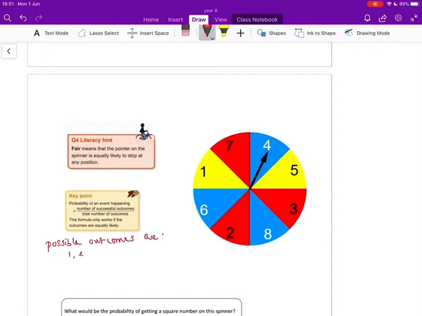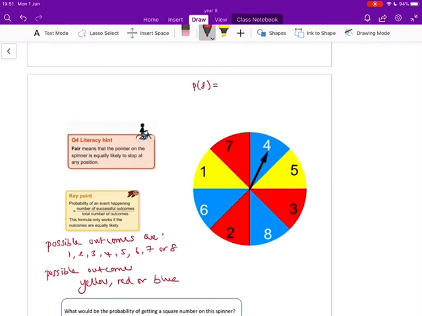Or we could look at the colours, and possible outcomes for the colours would be yellow, red, or blue. So if we want to work out the probability of something happening, say we want to work out the probability of getting an 8.